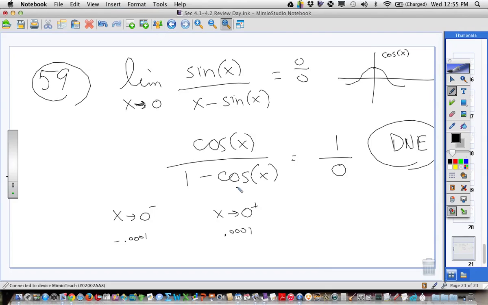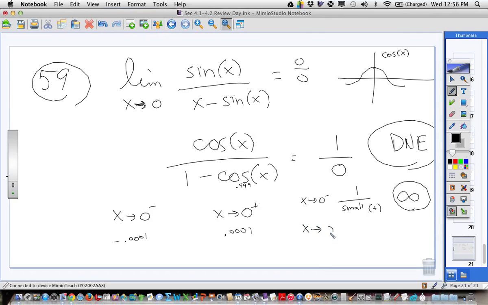So we get 1 minus 0.999. That's a small positive. So we get 1 over a small positive, the top, remember we said it doesn't matter, it's basically 1. Okay, x approaches 0 from the left, we're going to get a small positive, which is infinity.